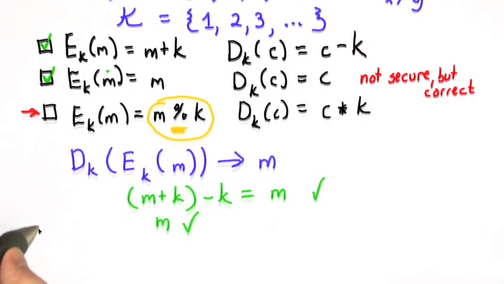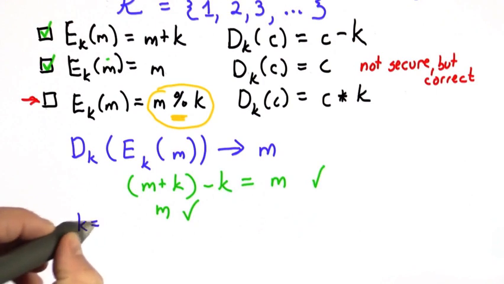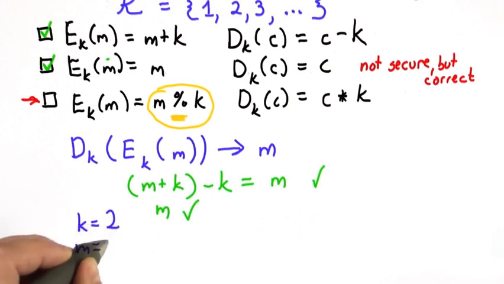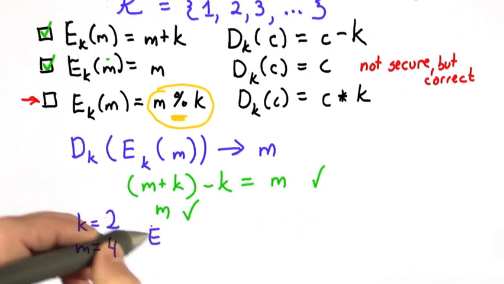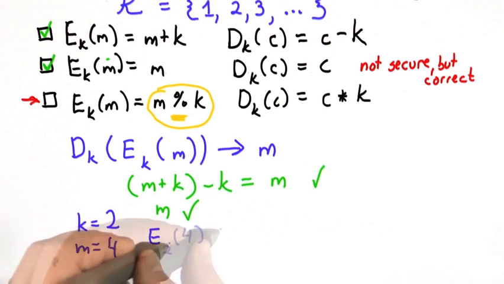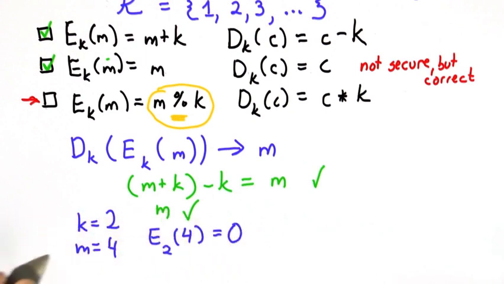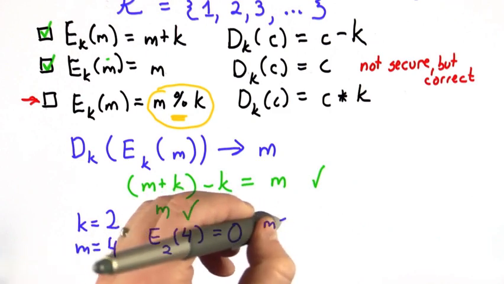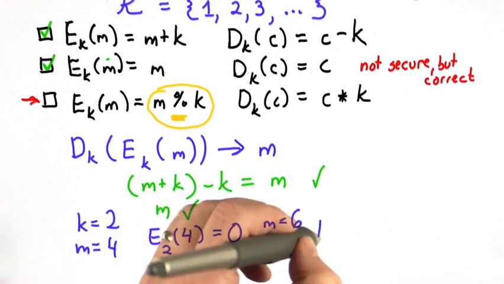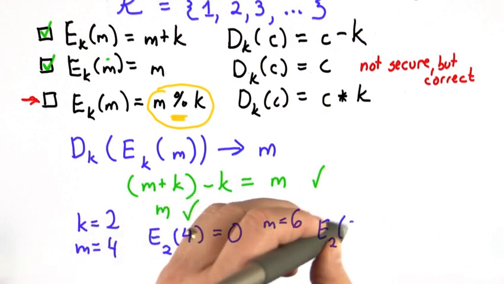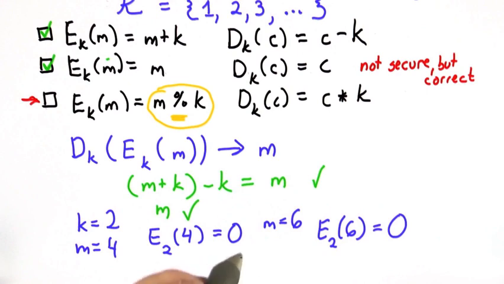An example of that would be if we choose k equals 2, if m equals 4, then the encryption of that message is equal to 0, because the remainder of dividing 4 by 2 is 0. But if we also choose the message 6, well, then the encryption with that same key of 6 is 0. Since two messages map to the same ciphertext, there's no way they could decrypt correctly.